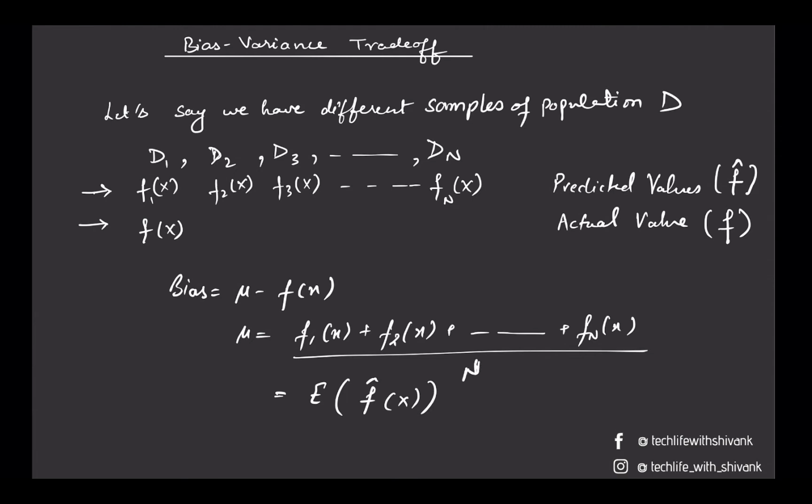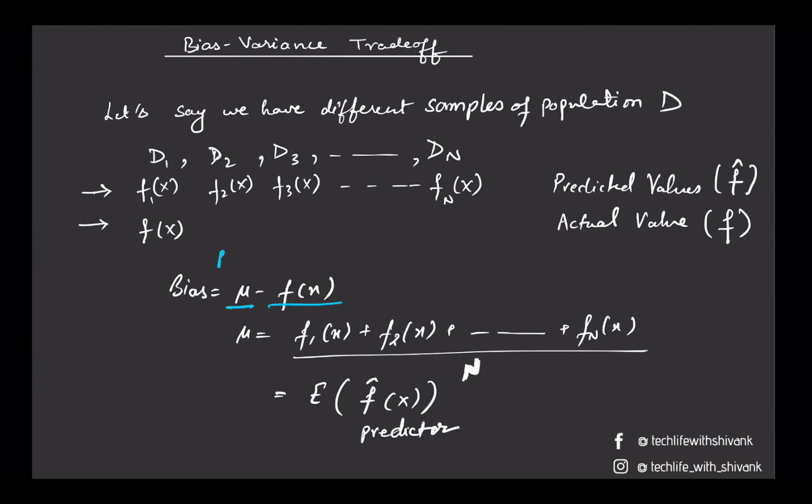So basically mu is the expected value, that is, what would be the value of Fx you will get from the estimator or predictor if you train that predictor on different datasets. So bias tells us that on an average how much deviation would our predicted answer show from the actual answer.